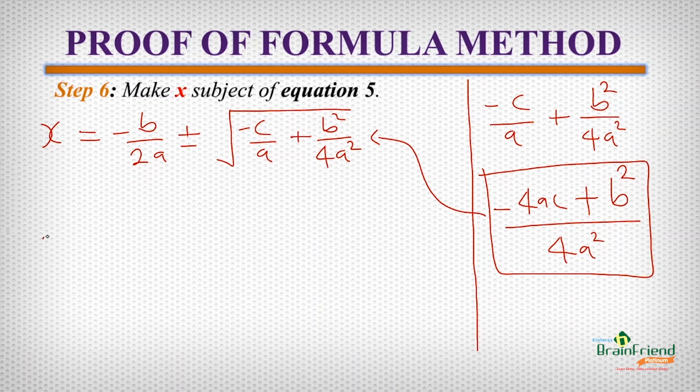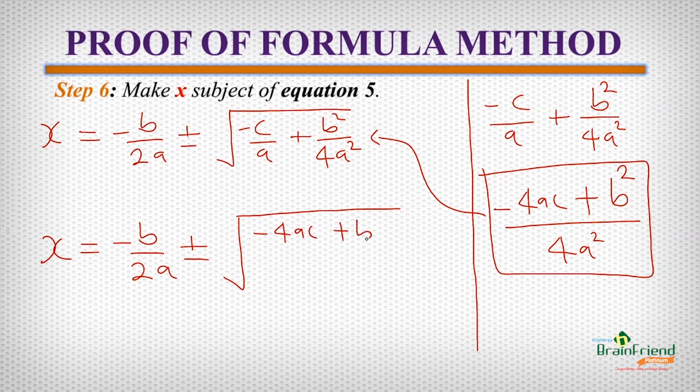So what we have now is x is equal to minus b over 2a plus or minus square root of minus 4ac plus b squared all over 4a squared.